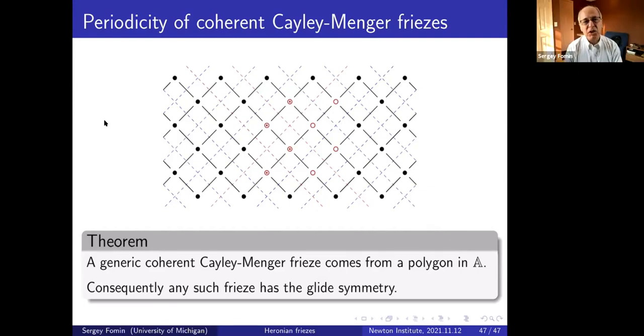So I know at least two such examples. One is Casey's theorem and the interpretation of cluster patterns of type A using Casey's theorem about configurations of tangent circles.